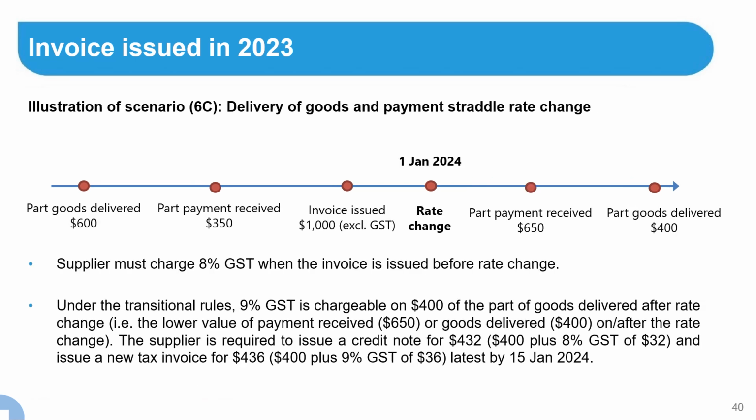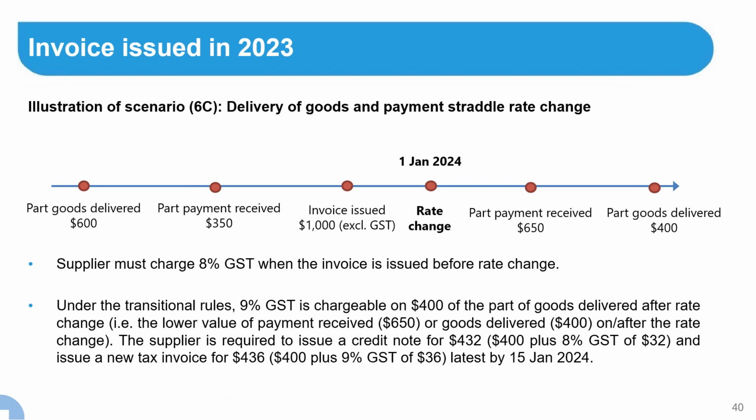In the last scenario, both the payment and delivery of goods straddle the rate change date. In this example, the supplier delivered part of the goods of $600 and received part payment of $350 before the rate change. When the supplier issues the tax invoice before the rate change date, he must charge 8% GST on the supply.